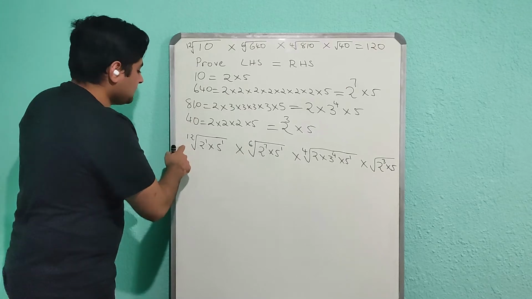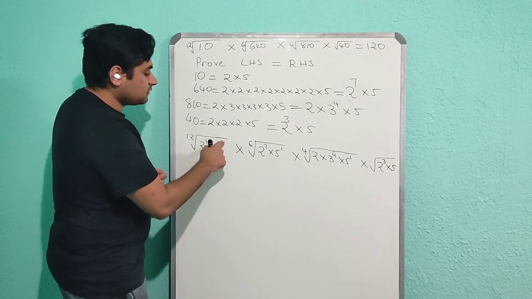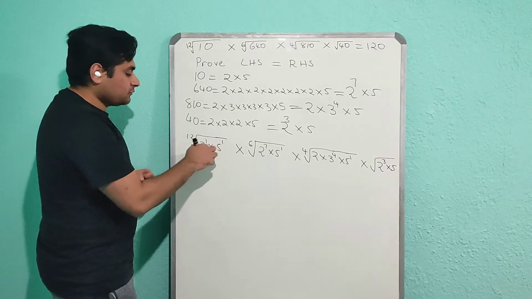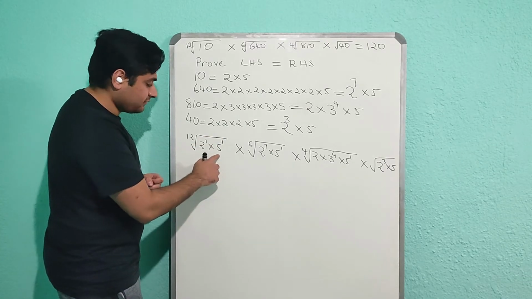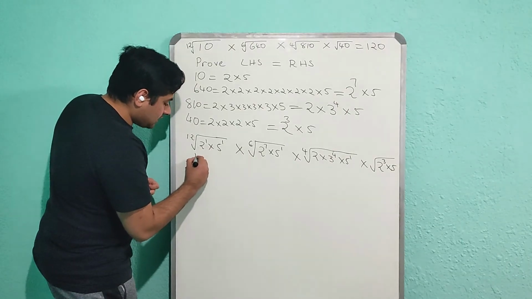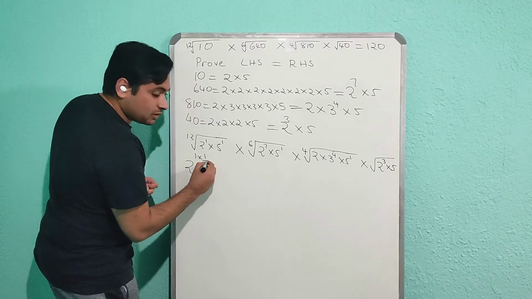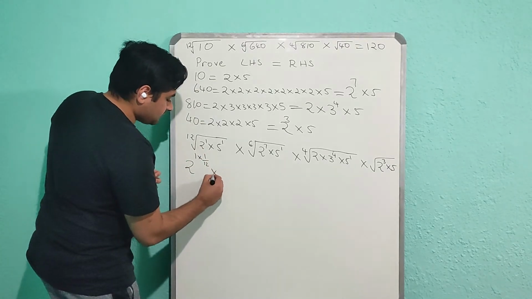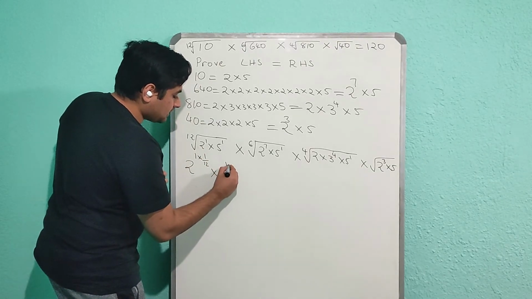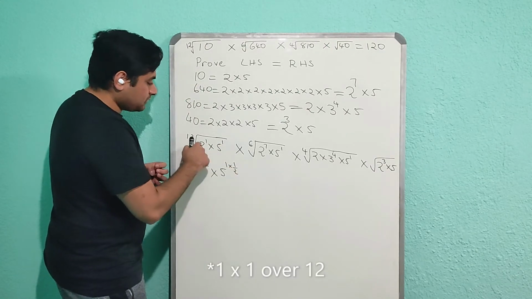So if we see here, we have the 12th root of 2 to the power of 1 times 5 to the power of 1. This 12th root belongs to the 2 as well as the 5, right? So we write 2 to the power 1 times, what did I say? 1 over 12, correct? Times 5 to the power 1 times 1 over 12, because we already have a 1 and we multiply with the root.